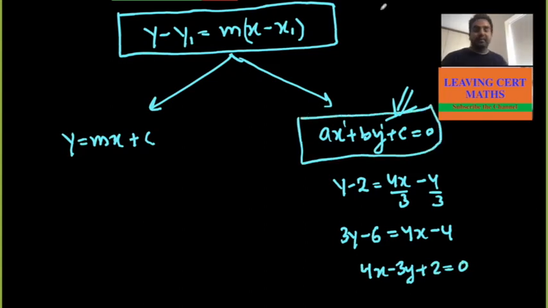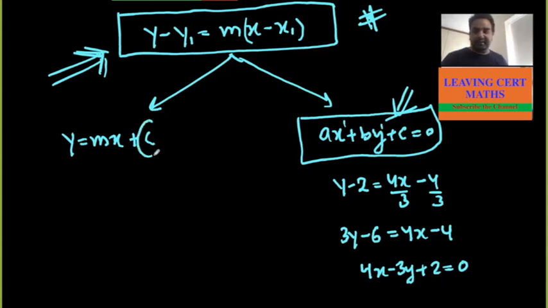So this is your starting point, and from here you can make it in this format and in this one. Sometimes students get confused about which format to use. Always remember, this is your universe, everything starts from here. Does it make sense? Yeah.